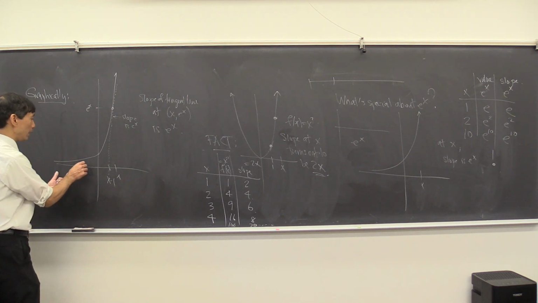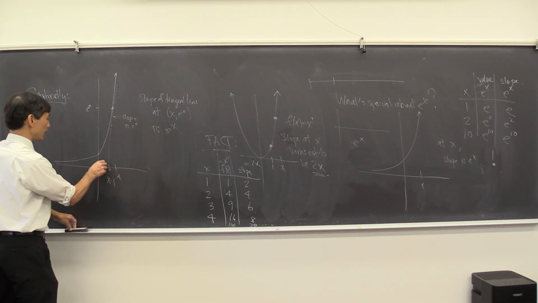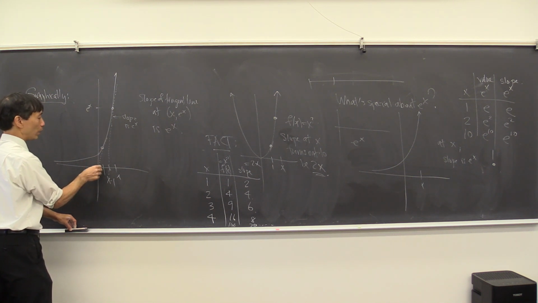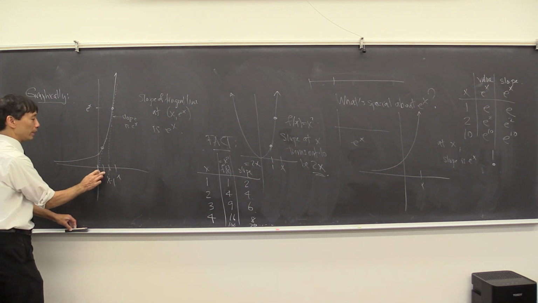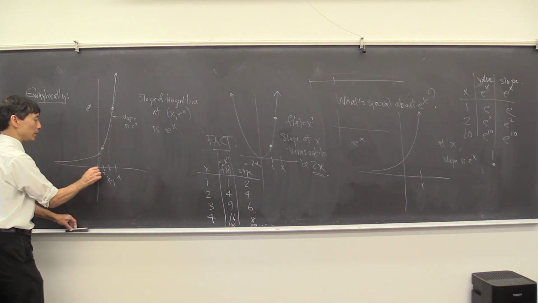Right? So if I take this point here and I look at this guy's slope, then it should intersect one unit before. If this is some t, then the slope of the tangent line should be t minus 1.